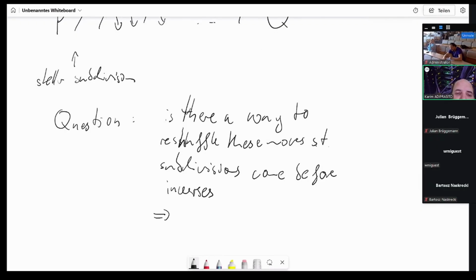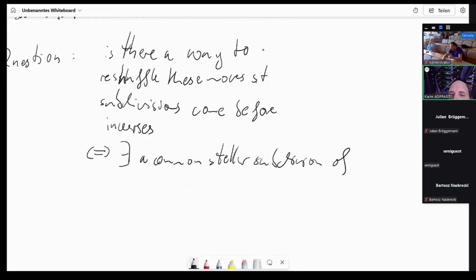Or in other words, does there exist a common stellar subdivision of P and Q?